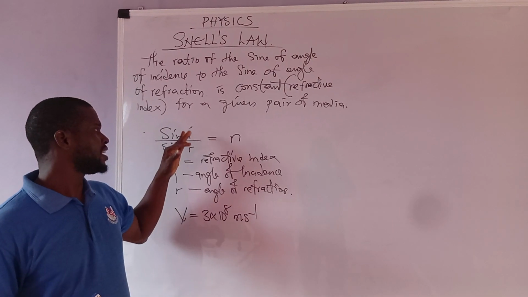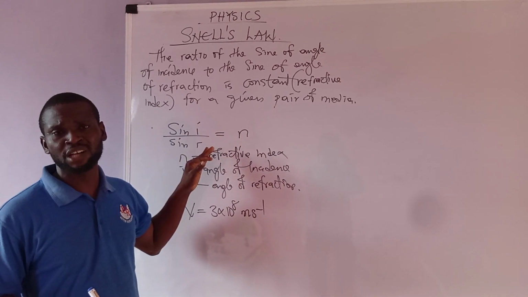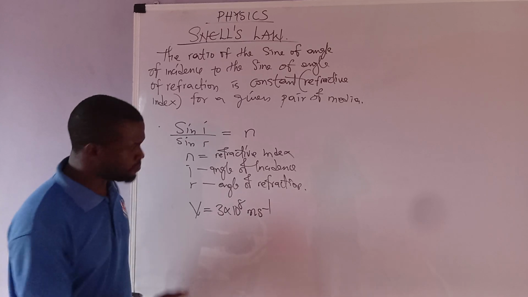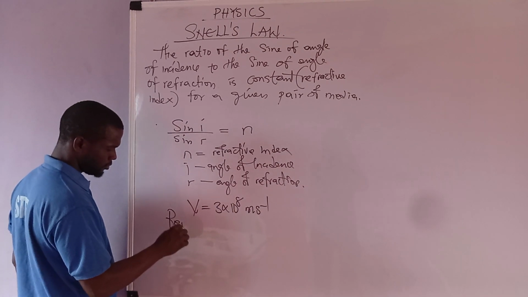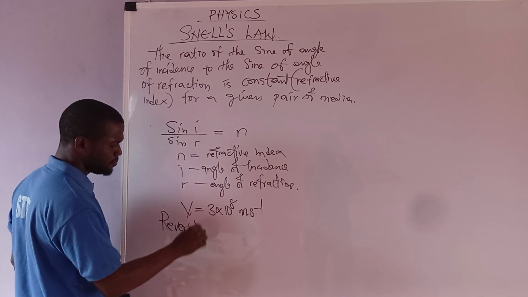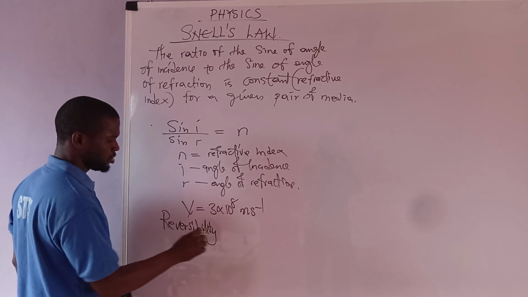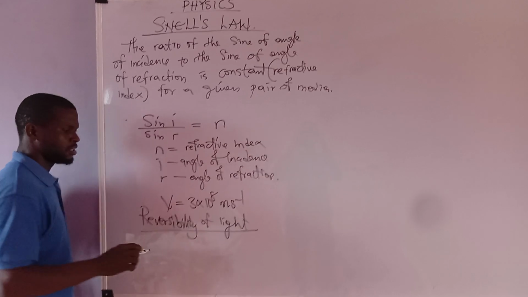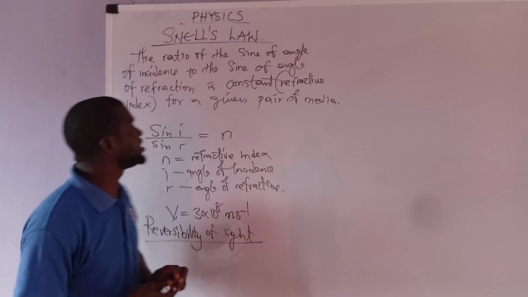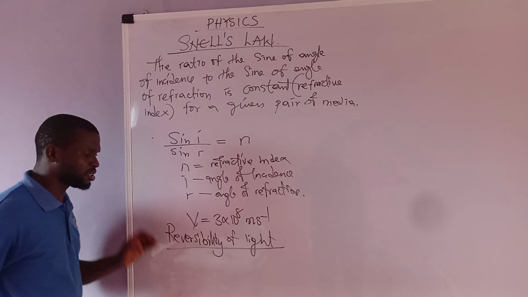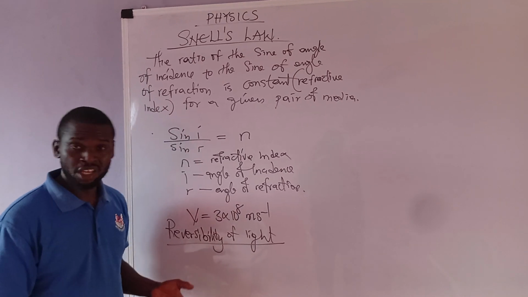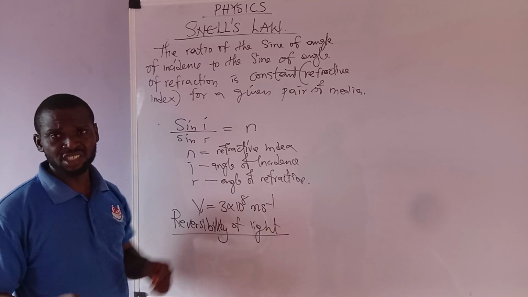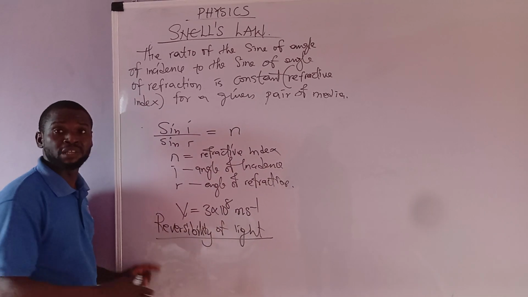And hello, the angle of incidence and angle of refraction can be interchanged by the principle of reversibility of light. Such interchanging occurs in physics by the principle we call the reversibility of light.